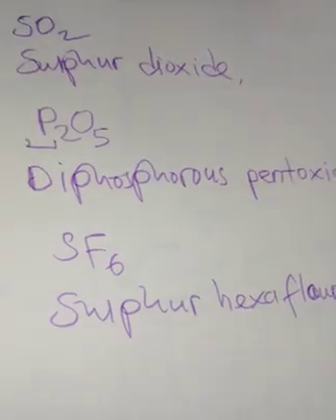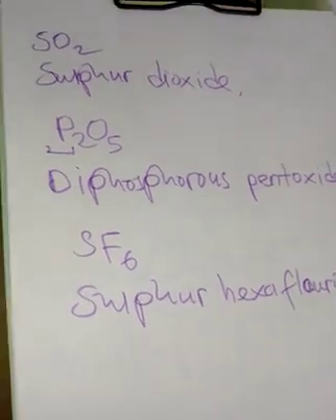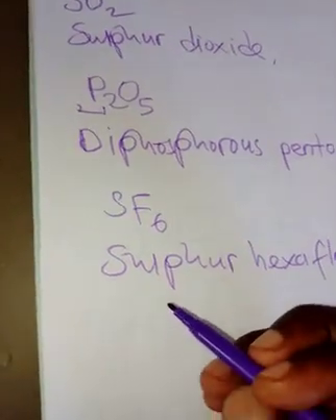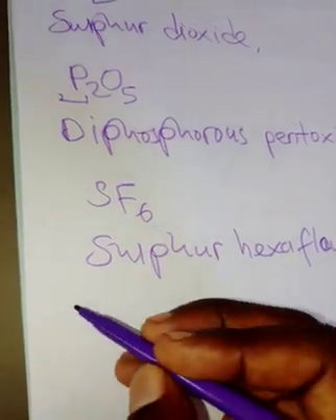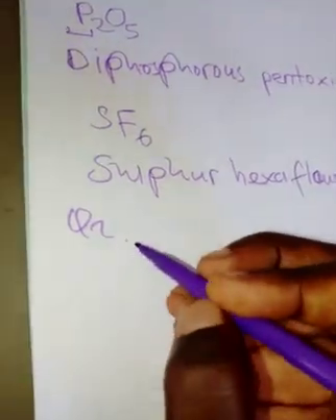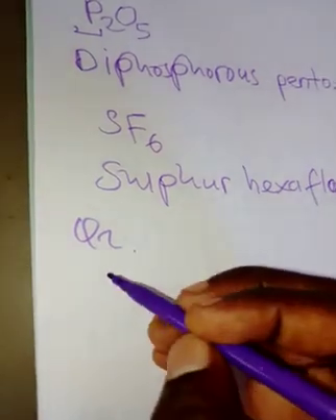So this is how you come up with the systematic name, applying those rules. Then what about writing the formula? Let's say you have to write the formula given a systematic name.